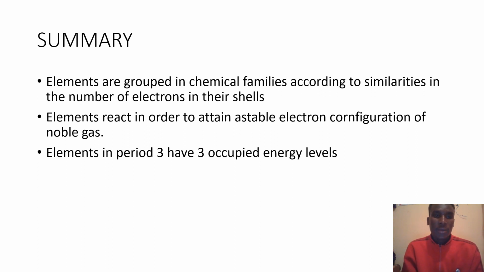For the summary of the alkali metals, the elements are grouped in chemical families according to similarities in the number of electrons in their shells. Elements react in order to attain a stable electron configuration of a noble gas, which is an octet state.